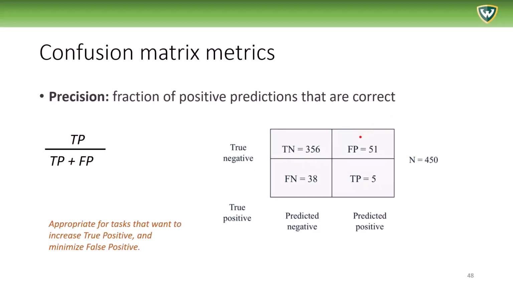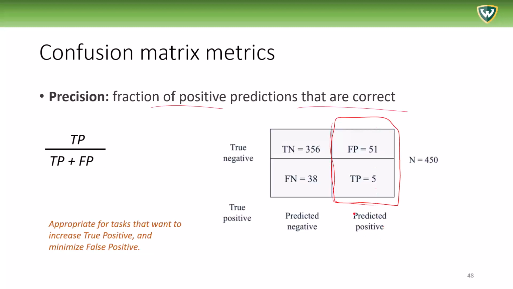Now we also have a measure of precision. Precision is the fraction of positive predictions that are correct. This is also focusing on the positive side, but it's highlighting these two dimensions here. So that's the true positives divided by the true positives plus the false positives.